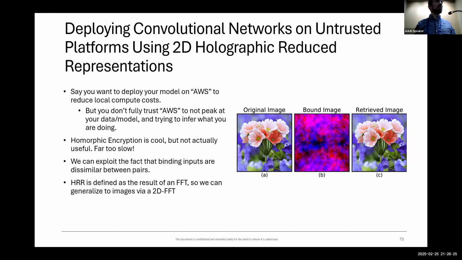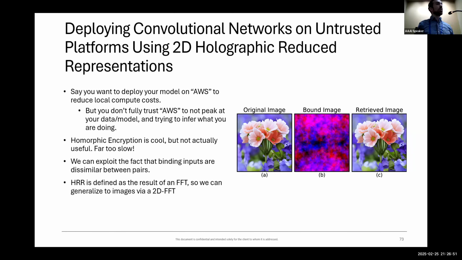That's not good. Like a man in the middle, they could figure out a way to peek under the hood and find out. So how can you deploy your model on this platform without giving away the goose while still getting some predictive utility?